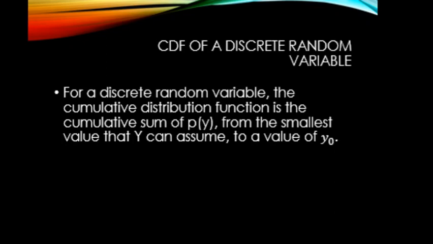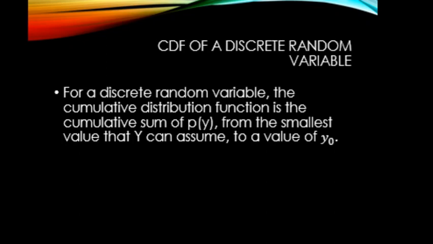Now let's compare this with the cumulative distribution function of a discrete random variable. So in terms of a discrete random variable, the CDF will be the cumulative sum of P of y. That means the probabilities added up to that point.